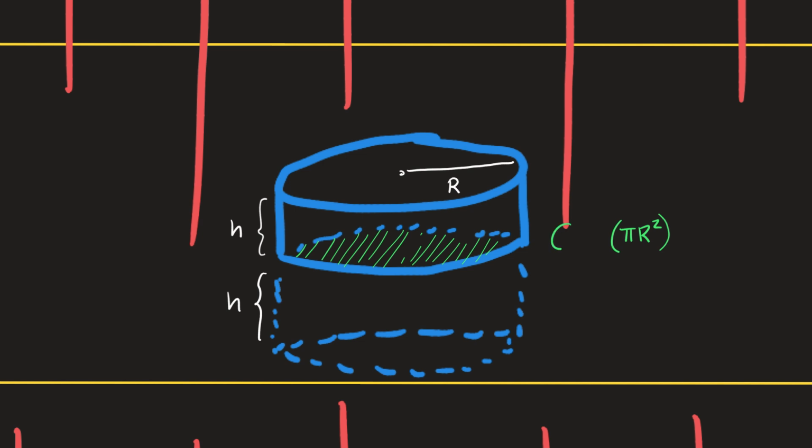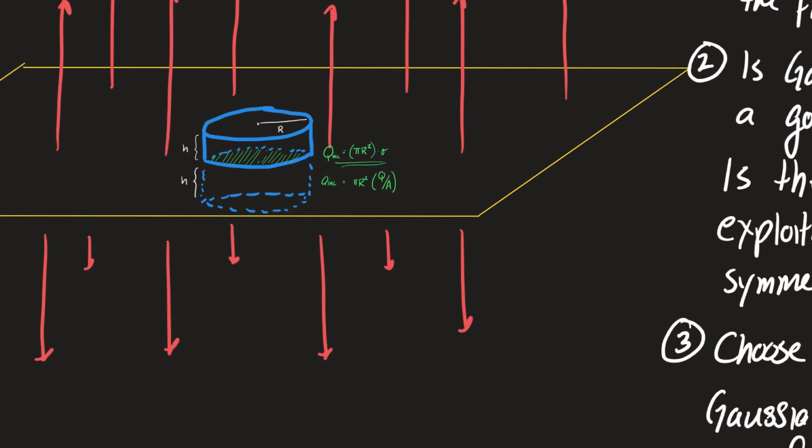So the charge enclosed will be this area times sigma. Or if you'd like, if you were given it in terms of charge and area, you could do it this way too. One or the other, depending on what you were given in your problem. We're going to go with the version that has sigma in it. Now that's our charge enclosed.